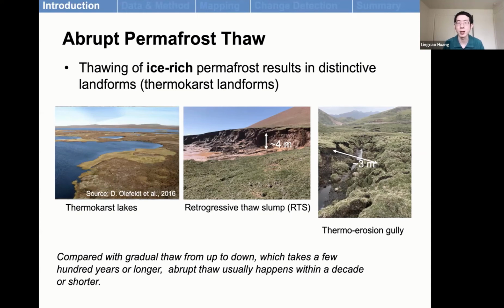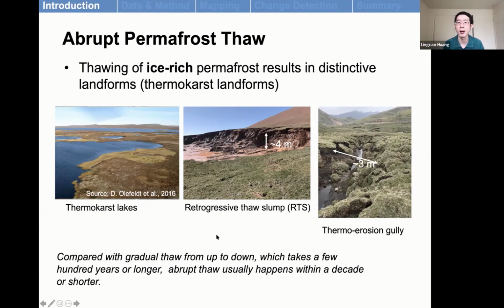Compared with the gradual thaw from top to down, usually the deepening of the active layer, a process that may take quite a long time, maybe more than 100 years, even longer, these thermokarst landforms can happen quite quickly.